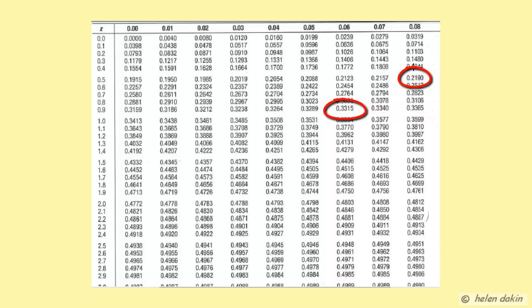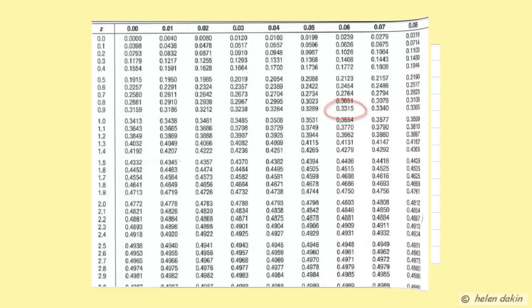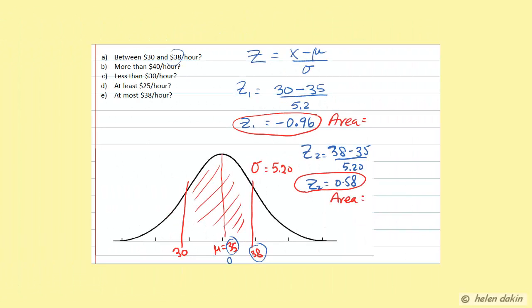So circle those two areas and make a note of them. The area for the first Z value was 33.15%, and the area for the second Z value was 21.9%.